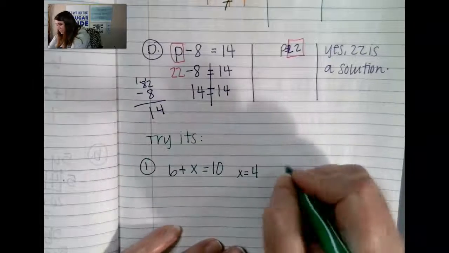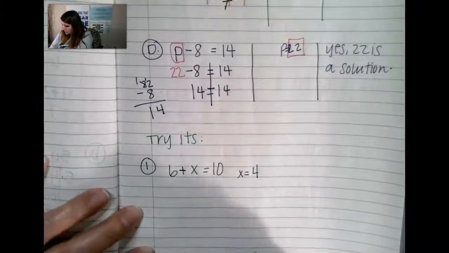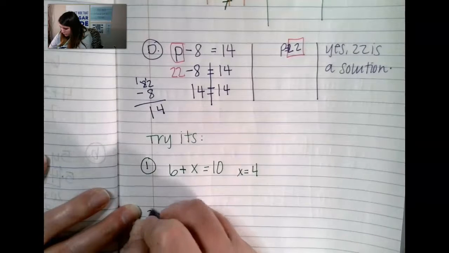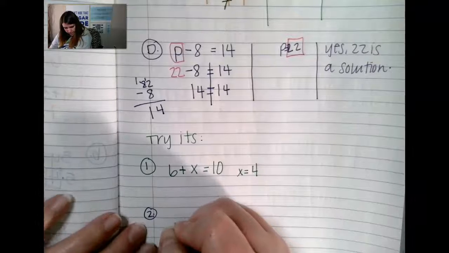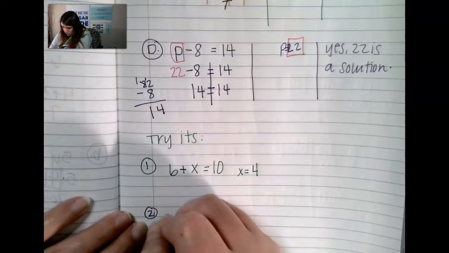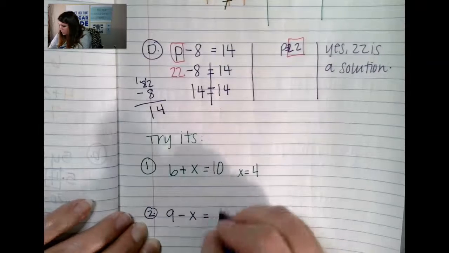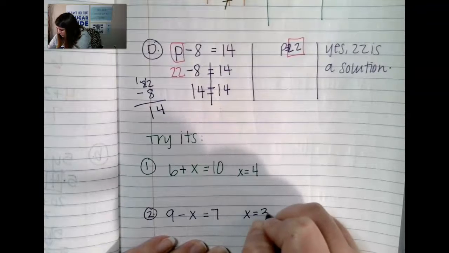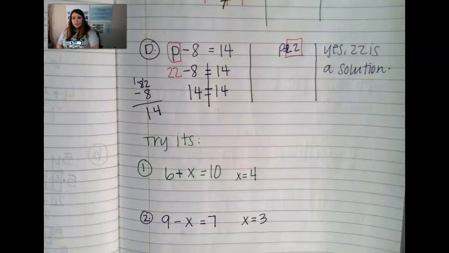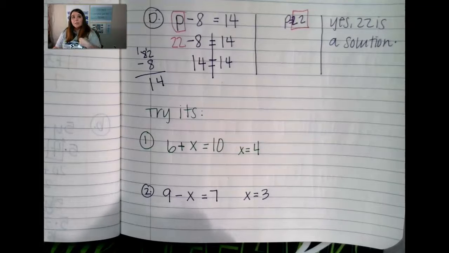Is that a solution? And then problem number 2 says 9 minus x equals 7 when x equals 3. Is it a solution? All right, 6th graders, go ahead and hit pause right now so you don't hear me solving these. And then when you are ready, come on back.